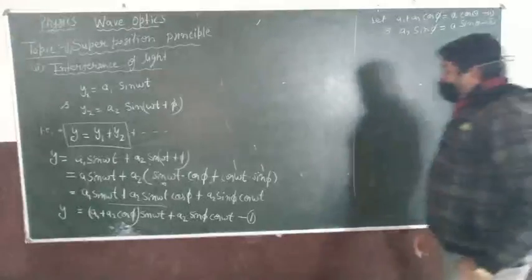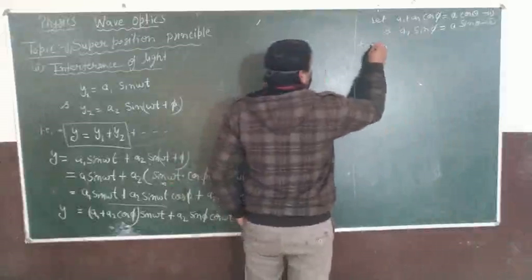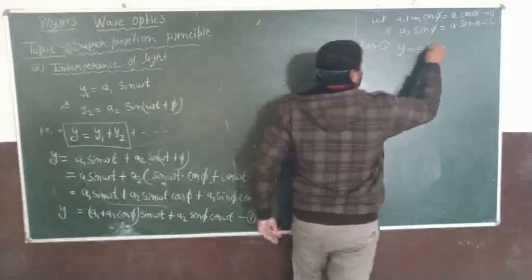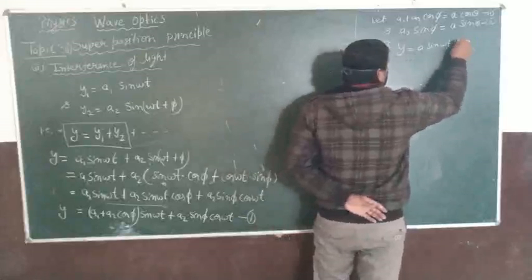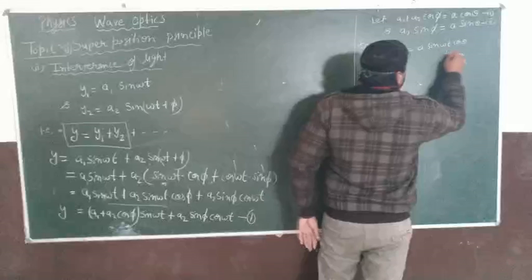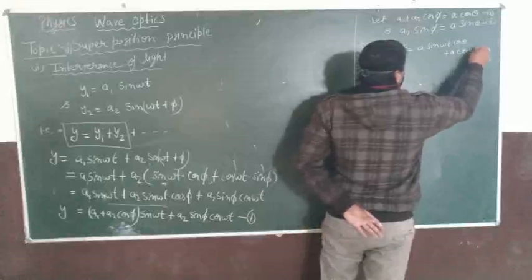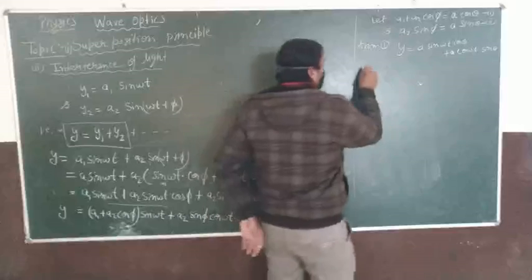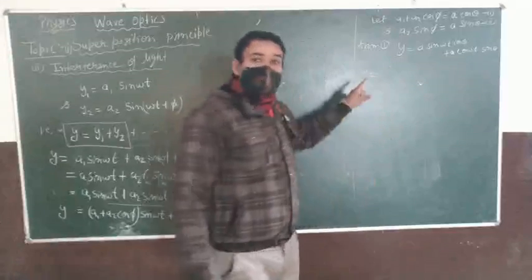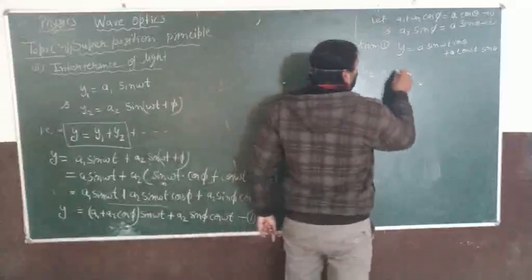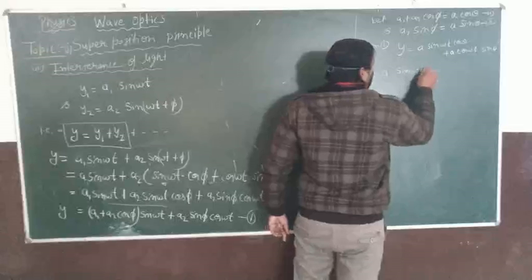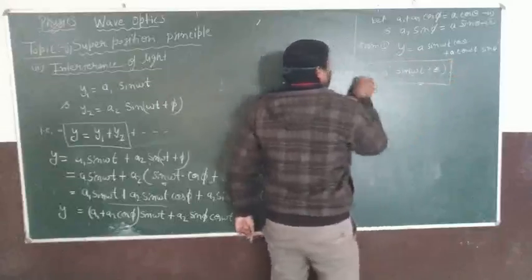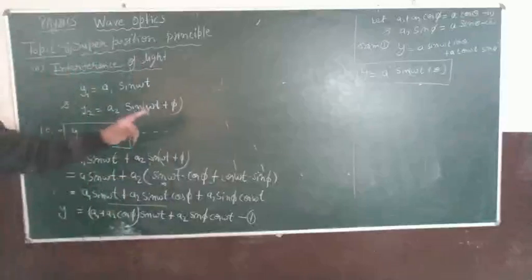Therefore, from the first we get y is equal to A sin omega t cos theta plus A cos omega t sin theta. Therefore, the displacement of the superimposed wave is equal to A sin(omega t plus theta). This is the resulting wave after superposition.